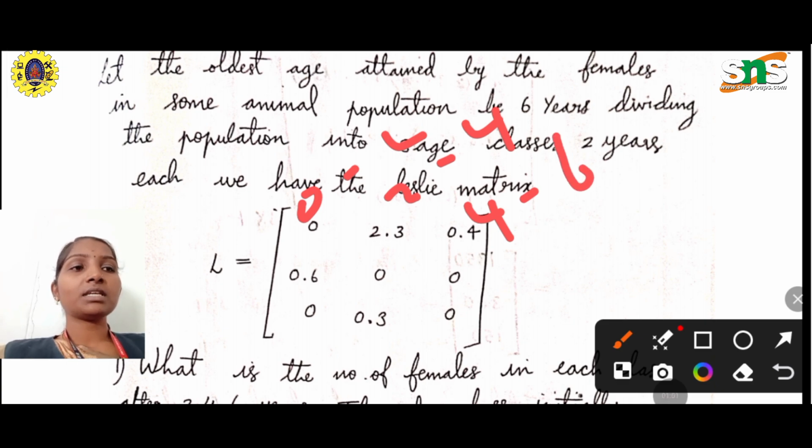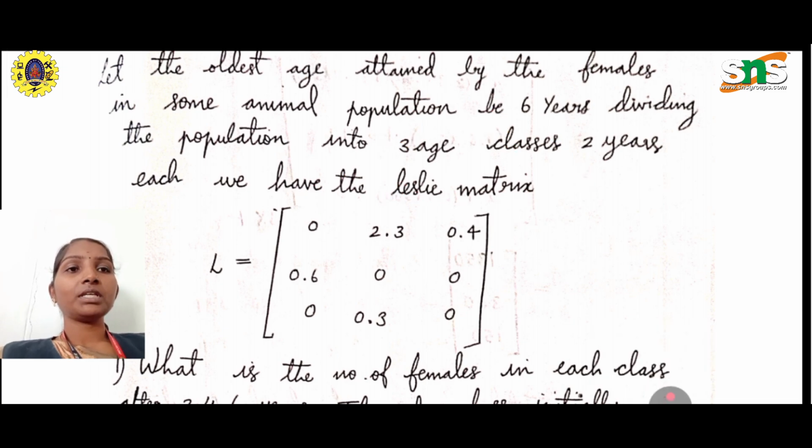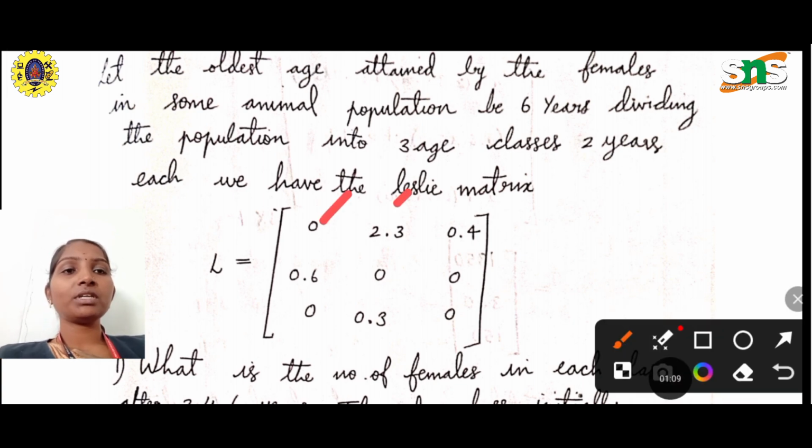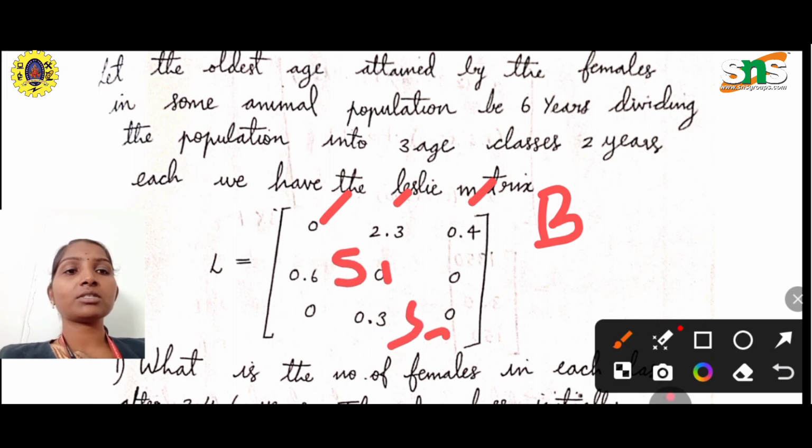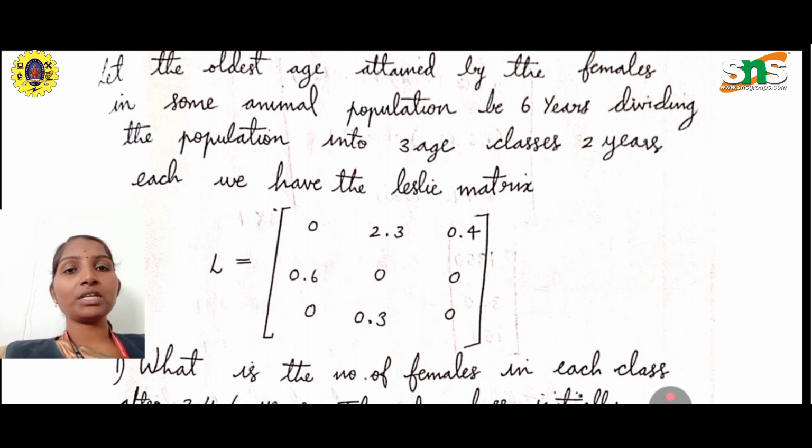Each of these has been measured in the Leslie matrix as L, with 0, 2.3 and 0.4 as birth rates, and 0.6 as S1 and S2 is 0.3. So you are given all the values of the Leslie matrix, and we need not form it here.